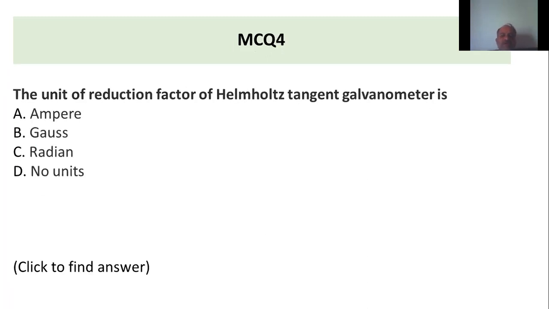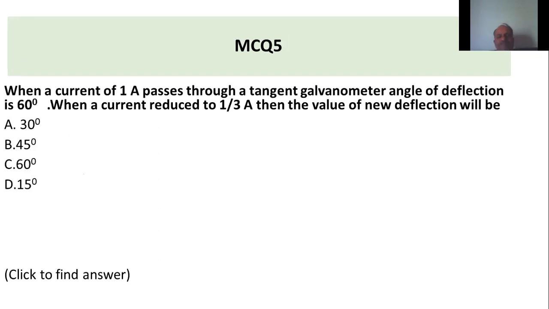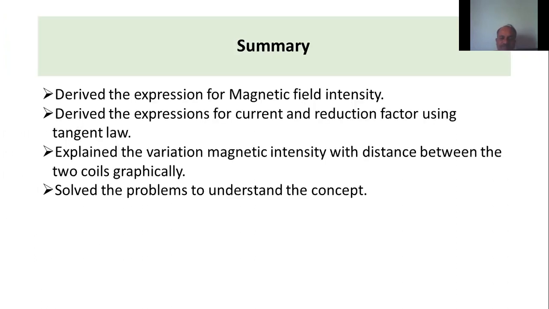The unit of reduction factor of Helmholtz tangent galvanometer is ampere. When a current of 1 ampere passes through a tangent galvanometer, the angle of deflection is 60 degrees. When the current reduces to 1/√3 amperes, the new deflection will be 30 degrees, so A is the answer.